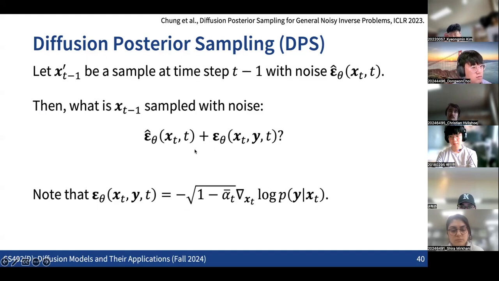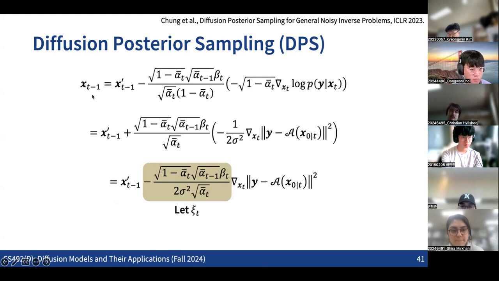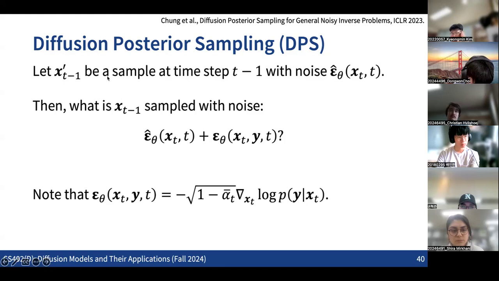So if we do all these calculations, adding this additional noise term into the DDPM formulation, we are also modifying xt minus 1, right? Let's say xt minus 1 prime is the sample that we sampled without the conditional part. So xt minus 1 prime is the sample at time step t minus 1 with the unconditional noise.